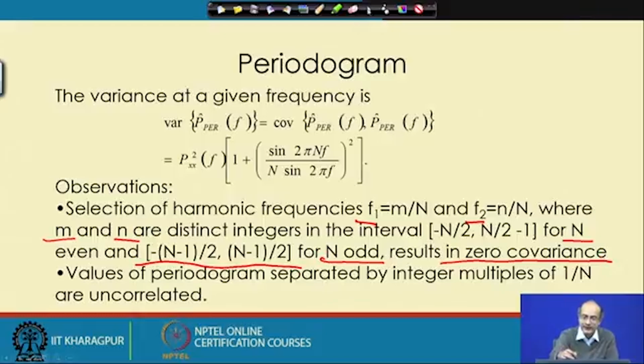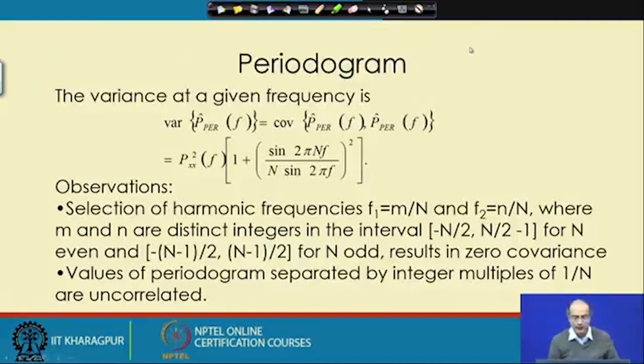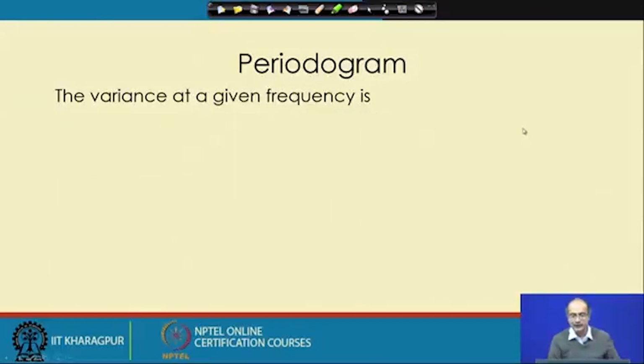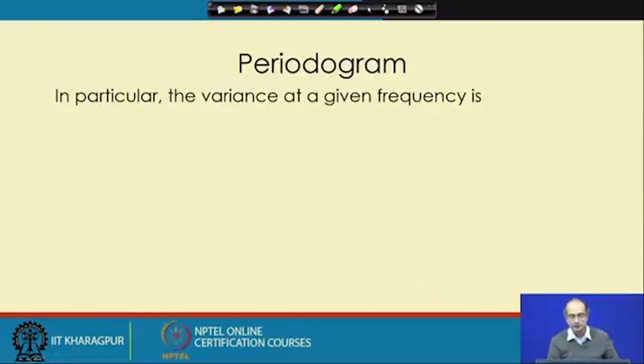How do we get that? For that we have to go a little backward. We have to look at the expression of the covariance once more.